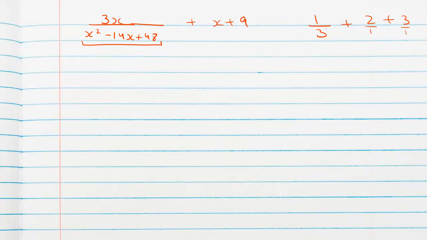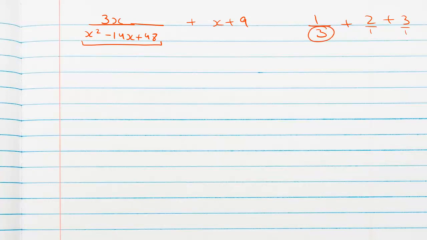Okay, so remember that in mind. Now let's take a look at another example. We have this time 3x over x squared minus 14x plus 48 plus x plus 9. Now the common denominator will be, of course, whatever the factor will be for this alone, because when we have, let's say, 1 plus 3 plus 2 plus 3, it doesn't matter whether we have 1 or what, the common number will be this one, the common denominator.